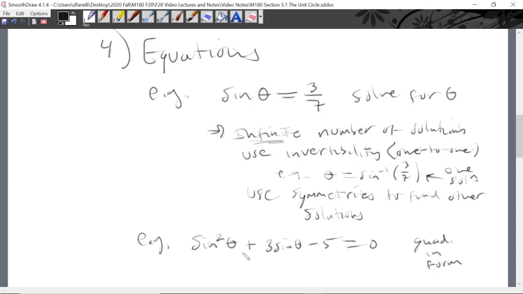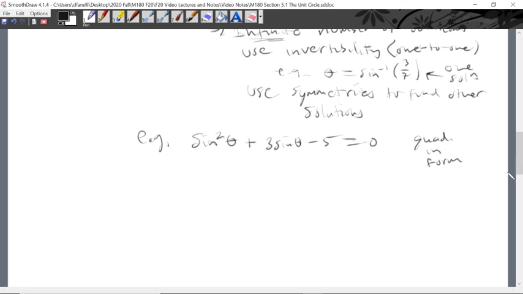So we can use a substitution to express this as a quadratic equation in terms of, let's say, the variable x or u or whatever variable we want. We can try to use a factoring strategy. Otherwise, we can go to the quadratic formula to see if we can find any real solutions to this, for example. And then once we find individual real solutions, like we did up here, we can then use symmetries in order to find all solutions of an equation like this.